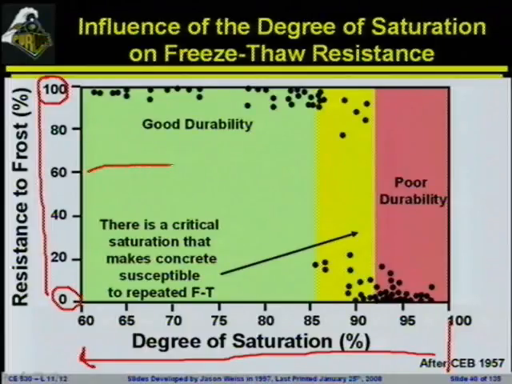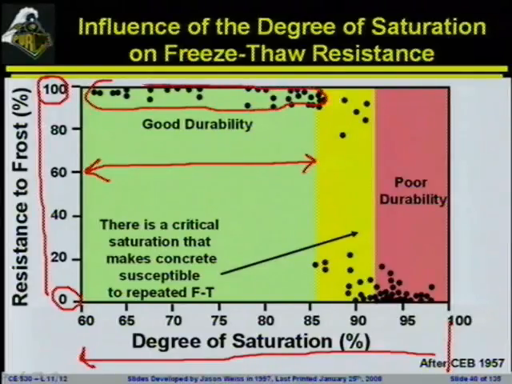You will see this green, lime green area, and the lime green area is concrete that has a relatively good durability. You can see all of these numbers are up around the 100% range. It's also not uncommon to find stiffnesses that are even higher than what they were initially because of continued hydration. But you have a region where the concrete is behaving fairly well. It's good concrete.